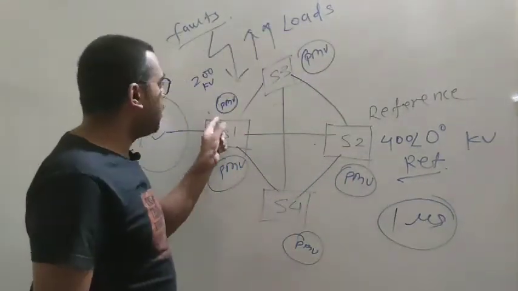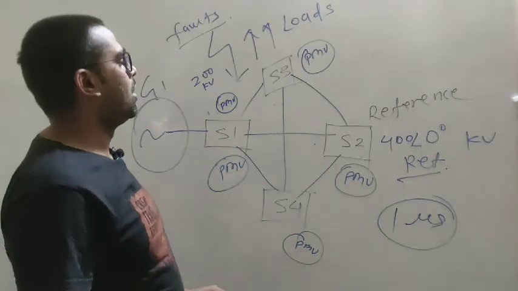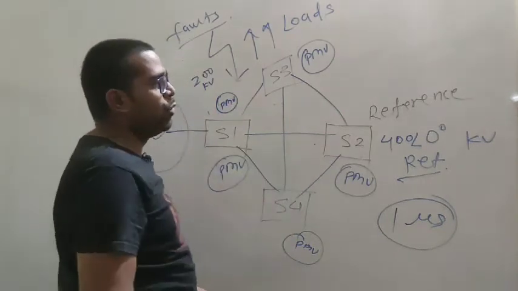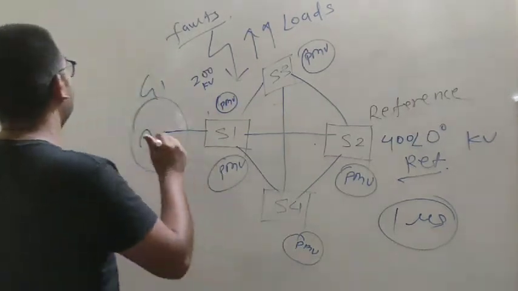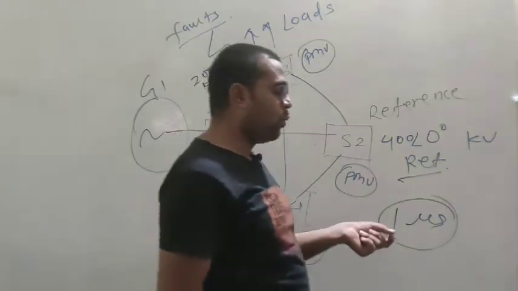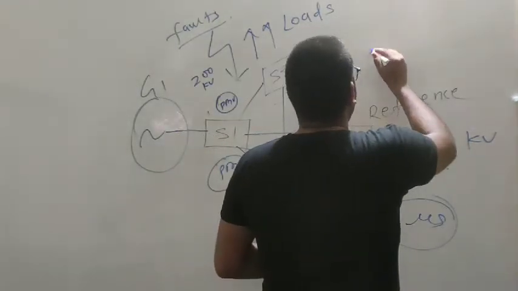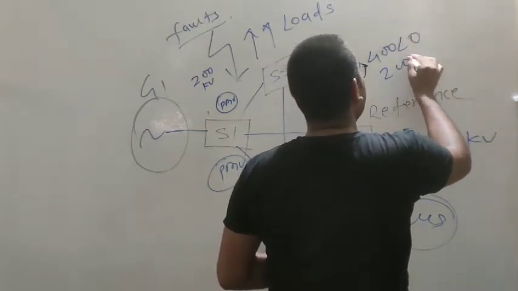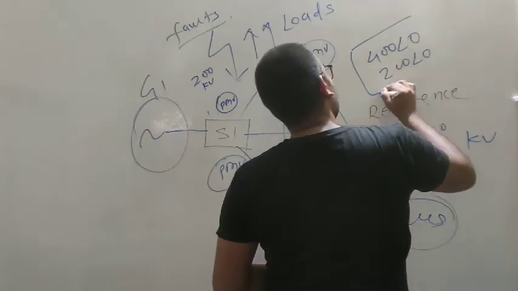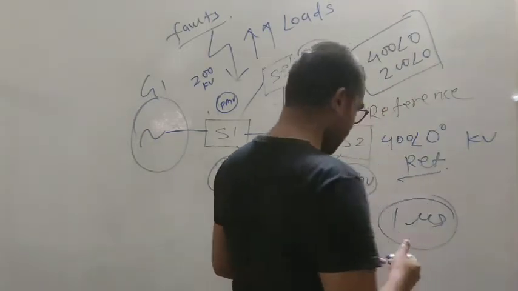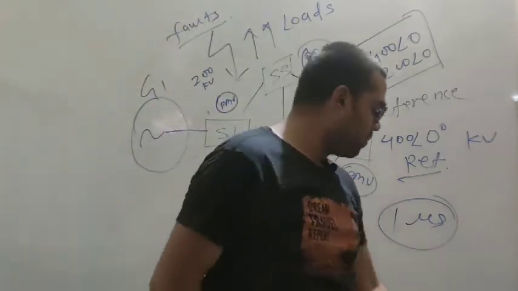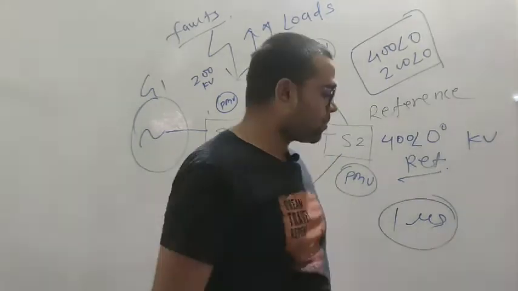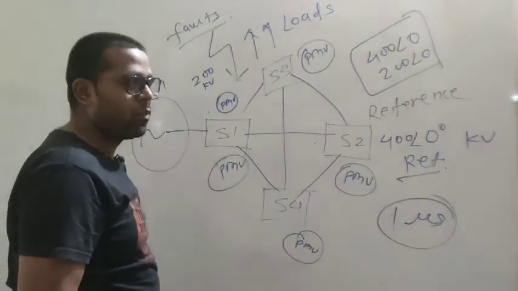It will be measured by this PMU, and the PMU will compare this 400 at an angle 0 and 200 at an angle 0 degree. It will find that the voltage here has gone down.